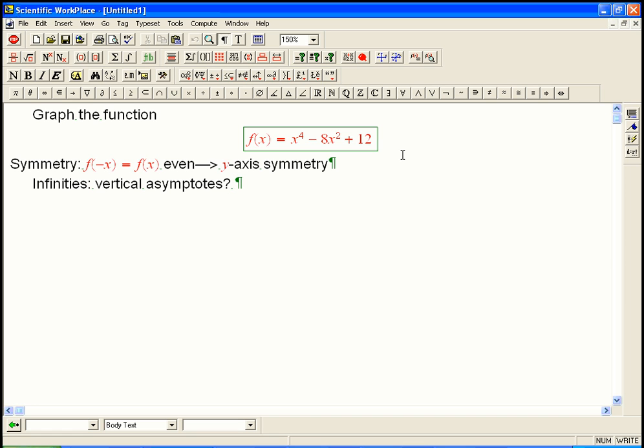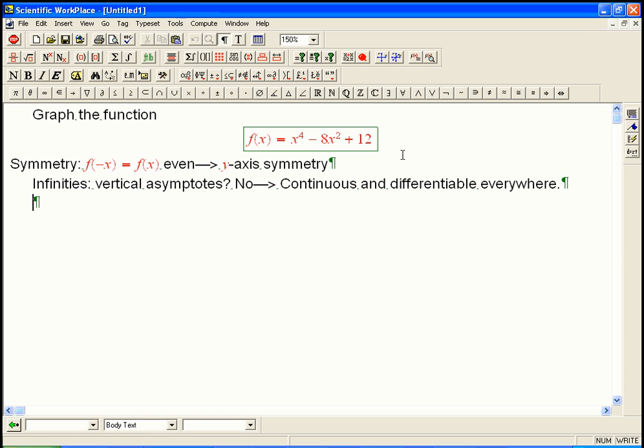And of course the answer here is no. In fact, while we're at it, we might as well note that it's a polynomial, so it's continuous and differentiable everywhere. That's really nice. There's no dropouts. The domain is all of R, all of the real line. There's no asymptotes. There's no cusps or corners. That's wonderful information to have.